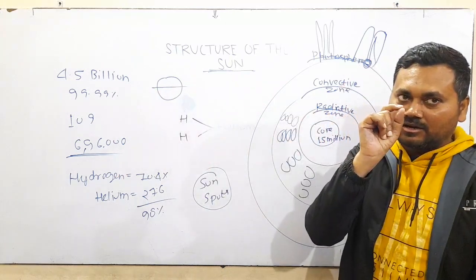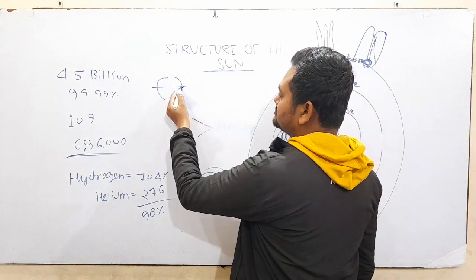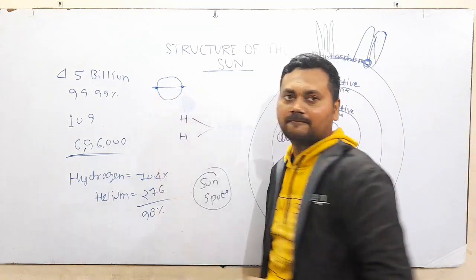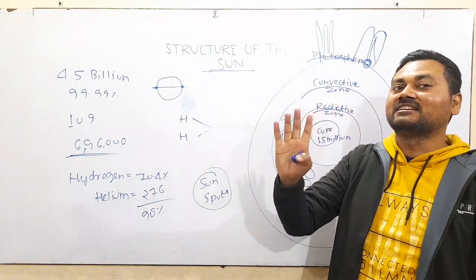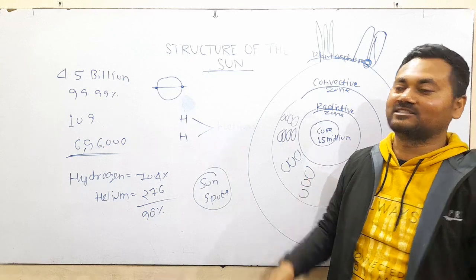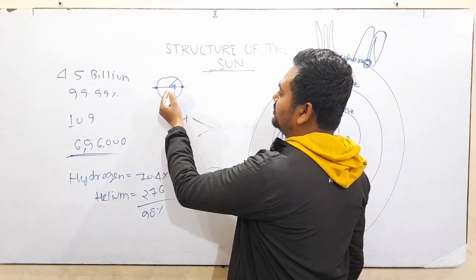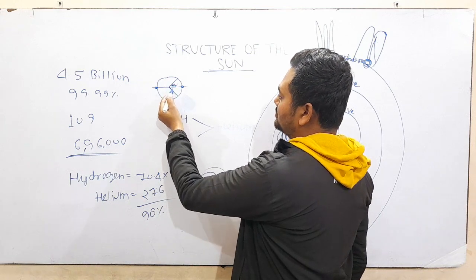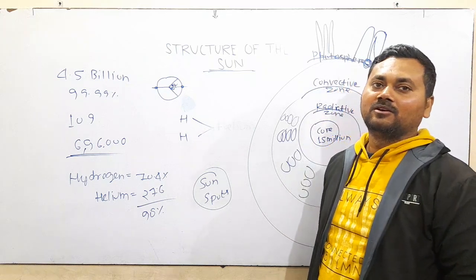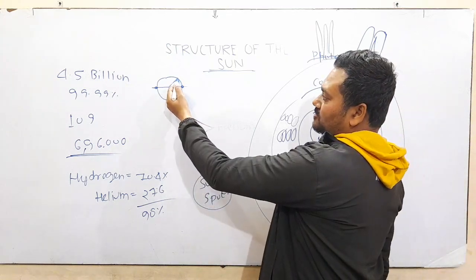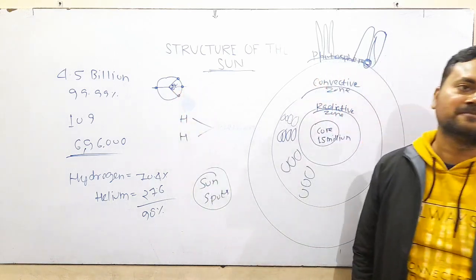The formation of the solar spots happens here and here, and it can go to the 40-degree latitude. This is 40 degrees, and here also 40 degrees, the same thing. So maximum it can go to 40 degrees here and anywhere in between.